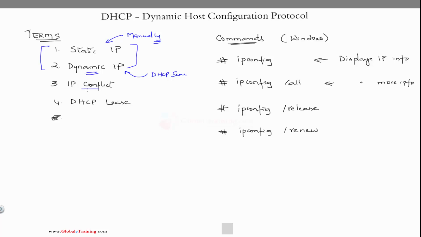What is IP conflict? IP conflict is, let's say you have two systems within the same network and they have the same IP address, let's say two, and both machines have the same IP address. When this situation occurs on a network, it could be manual.